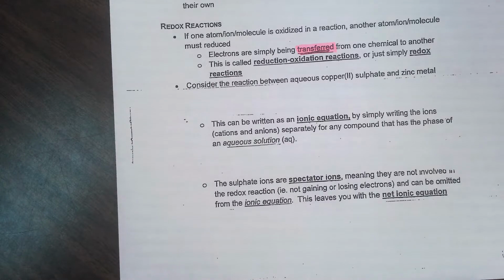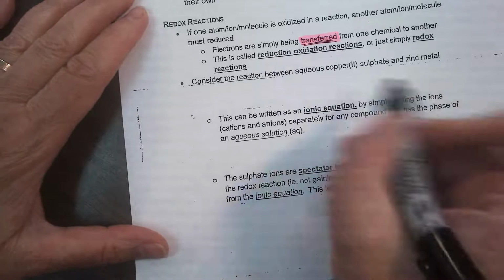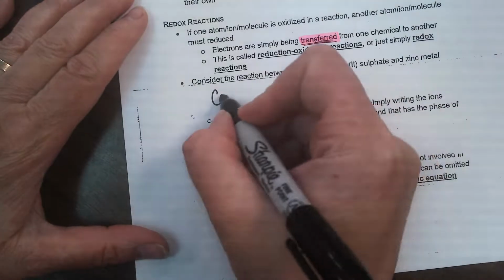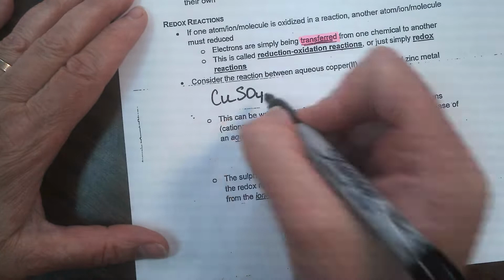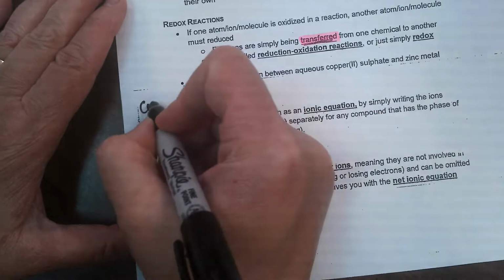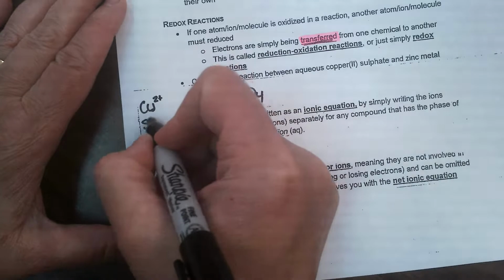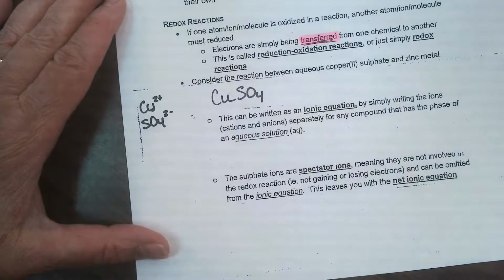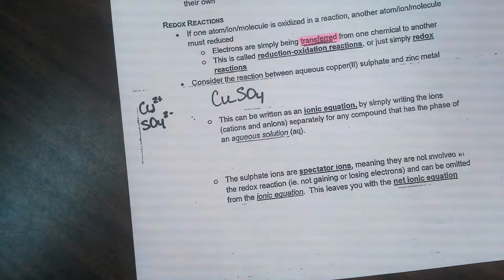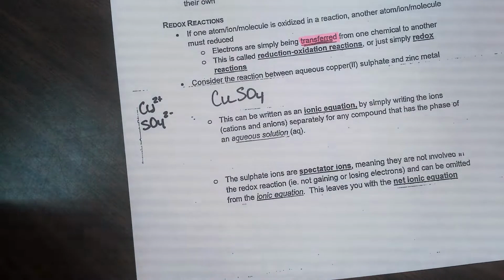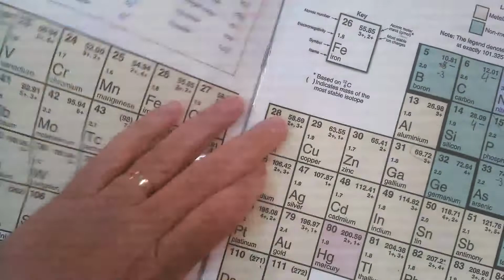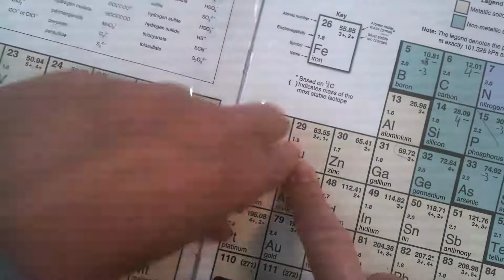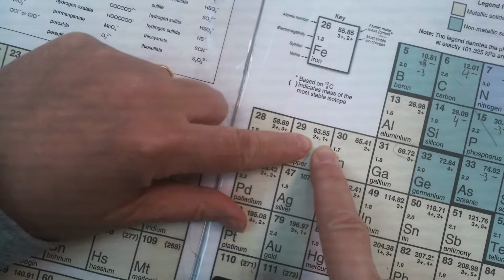So let's look at a reaction between aqueous copper(II) sulfate and zinc metal. We know that copper is 2 plus and sulfate is 2 minus. If you don't remember that, you need to give yourself a refresher. Open up your data booklet to the periodic table and find copper. We see a 2 plus and then a 1 plus.